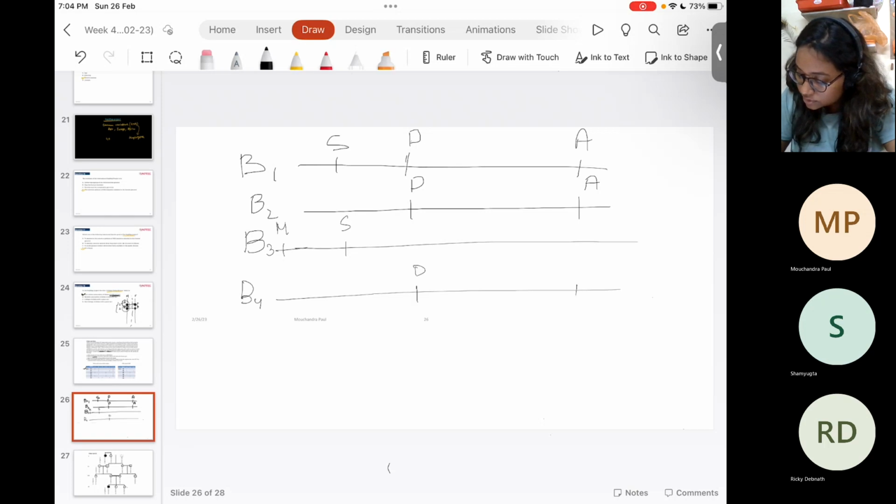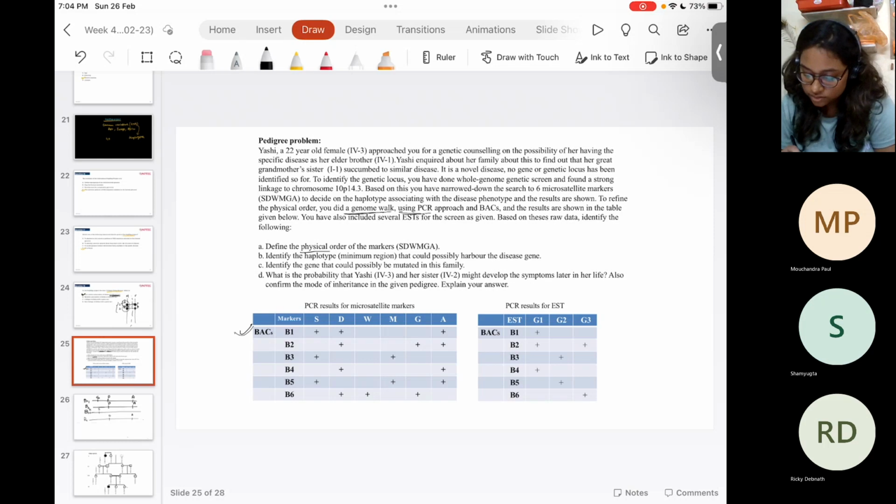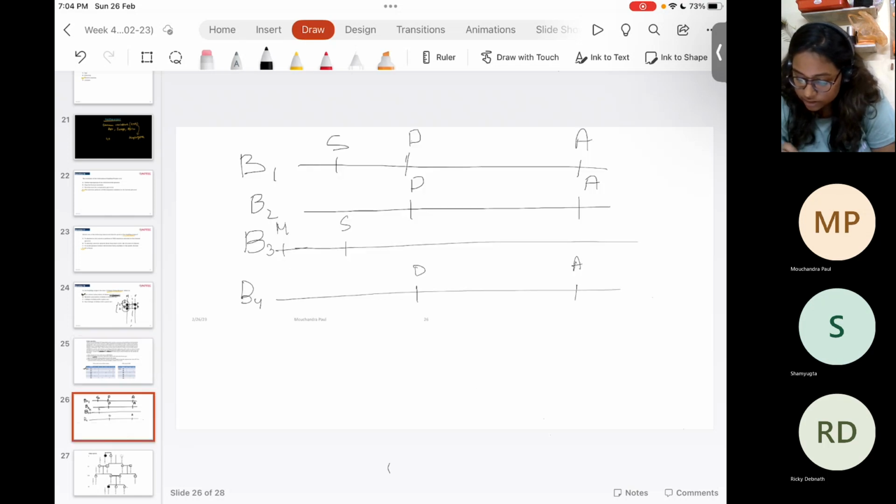D and A. Like this, you have to mark what could be the position of these markers. Then there is B5: S, M, and A is here.